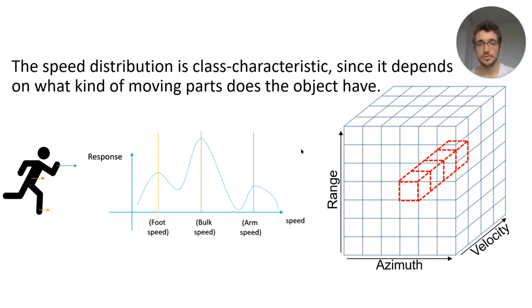This speed distribution is class characteristic since it depends on what kind of moving parts the road user has. For example, I just presented how a pedestrian would look in this speed profile, but you can also imagine a cyclist which has wheels and pedaling patterns, or a car where there is one single peak of speed as the whole body of the vehicle moves together.